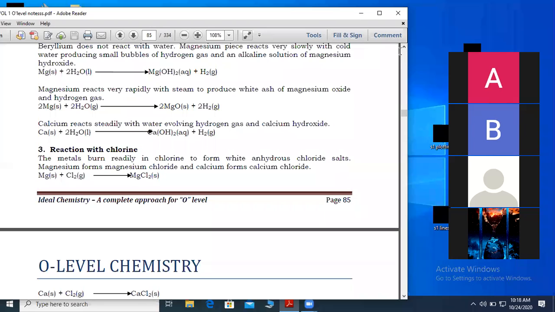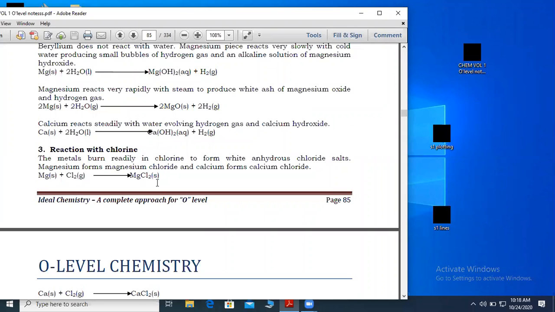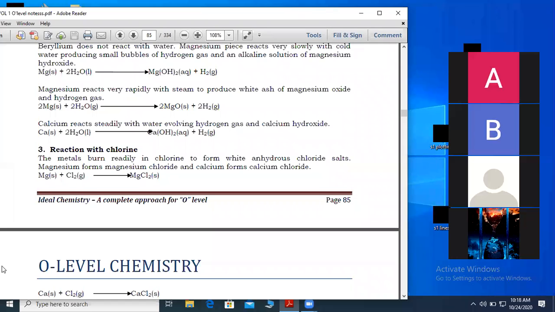Calcium, that's correct. And which one does not react readily with cold water, but reacts with steam? Magnesium. Very good. Please keep that chemistry in your head if you want to be successful in Senior 4, in UNEB.